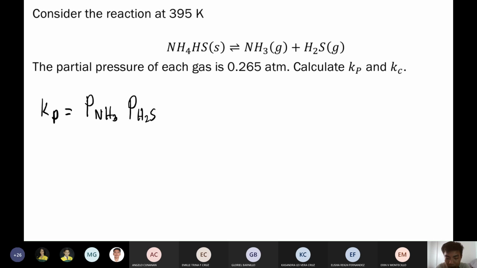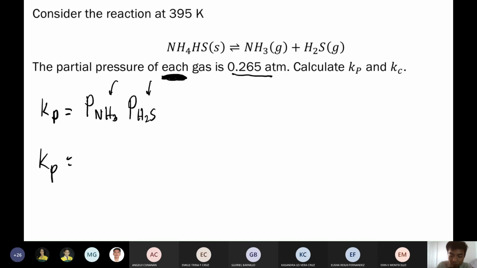Basahin natin uli yung problem. The partial pressure of each gas is 0.265. Okay? So, ano yung ibig sabihin ng each? Ibig sabihin, yung pressure nito at yung pressure nito ay ito.